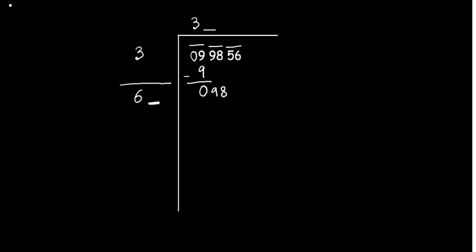So suppose I'm taking 61, so 61 multiplied by 1 will give us 61. 62 multiplied by 2 will give us 124. Now 124 is greater than 98, so we are taking 1 at this place.